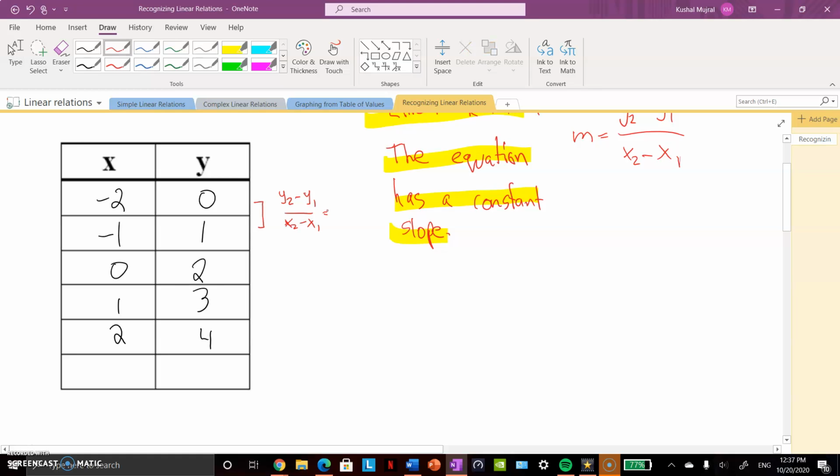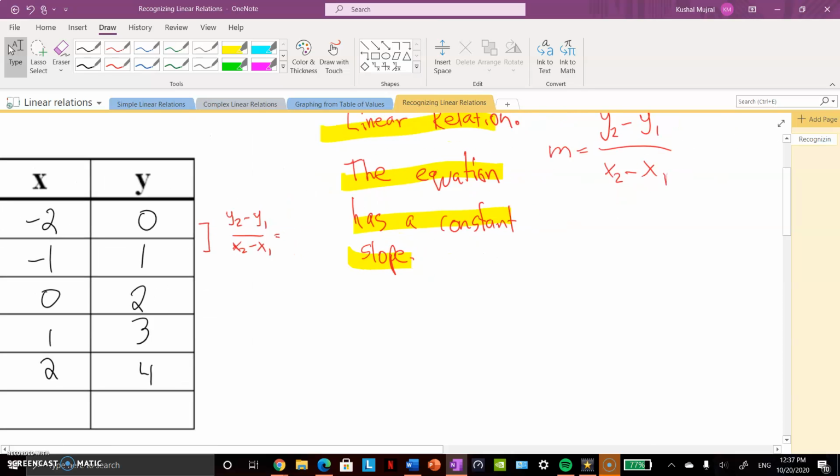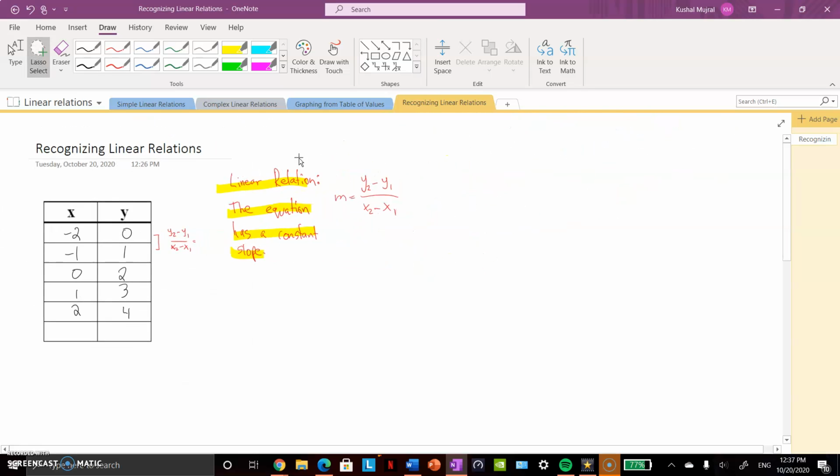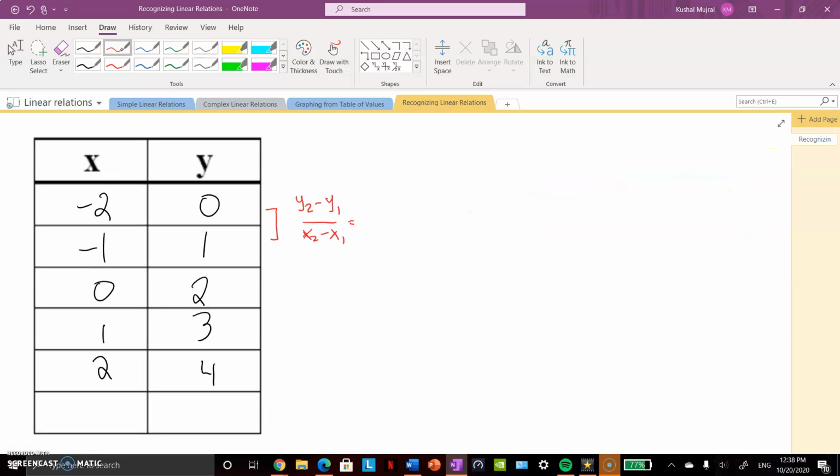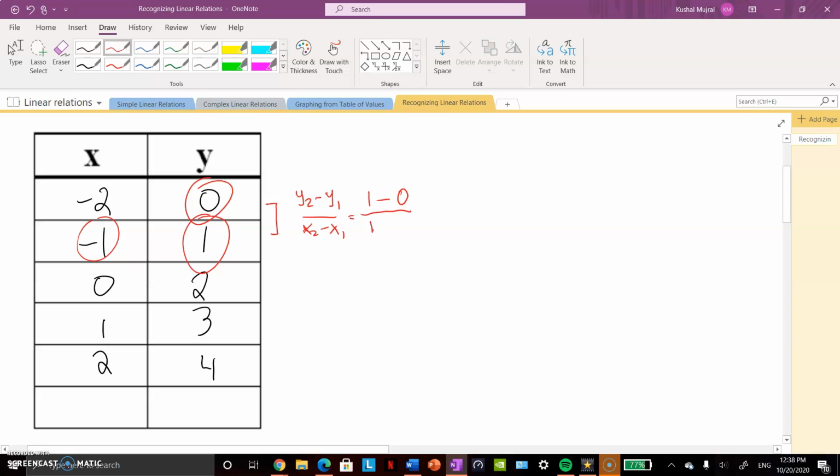So y2 minus y1 over x2 minus x1 equals: the second y is 1 minus the first y, which is 0, over the second x, which is negative 1, minus the first x, which is negative 2.